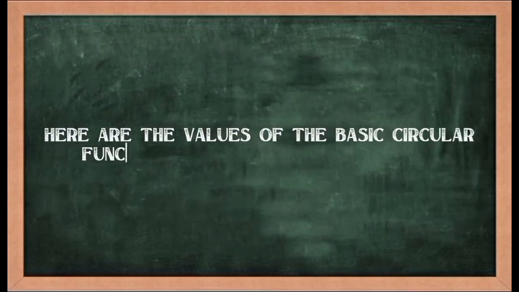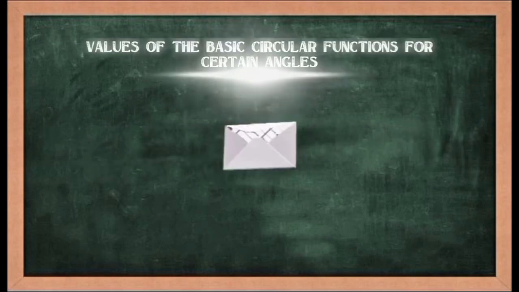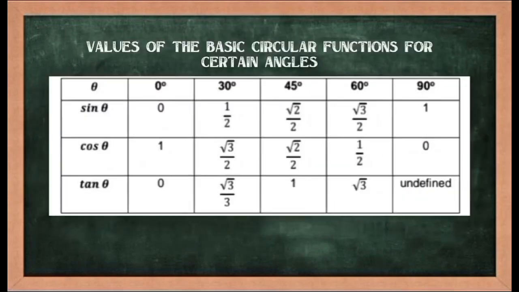Here are the values of the basic circular functions for certain acute angles. For sin theta, 0 degrees is equal to 0, 30 degrees is equal to 1 half, 45 degrees is equal to square root of 2 over 2, 60 degrees is equal to square root of 3 over 2, and 90 degrees is equal to 1.